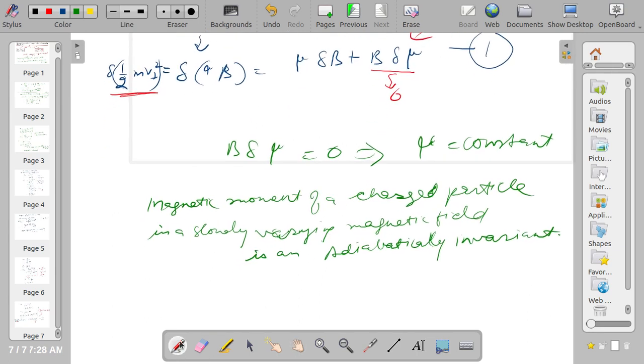Also in vector form, this mu can be written as minus E over this one. This is right.